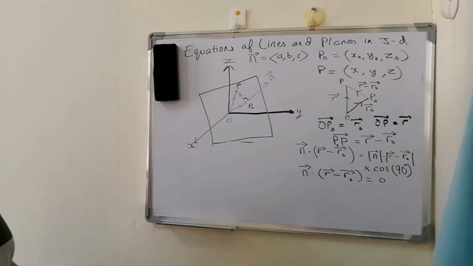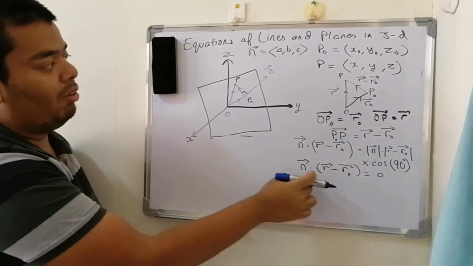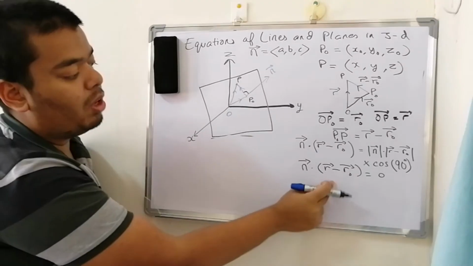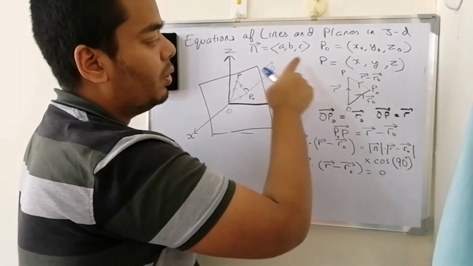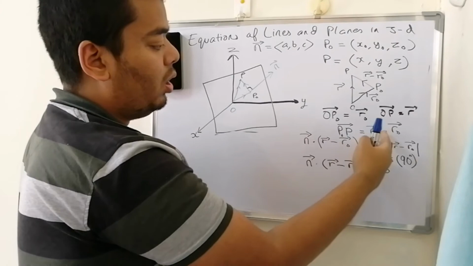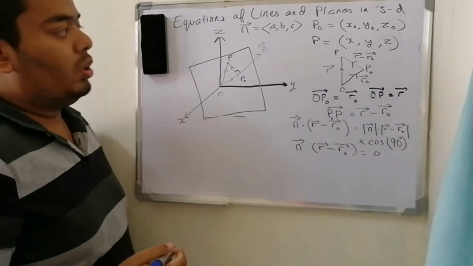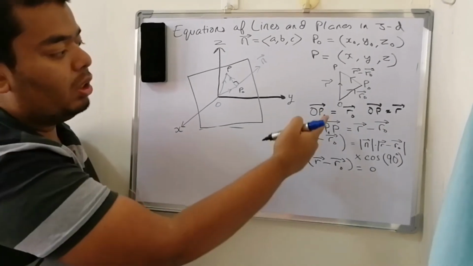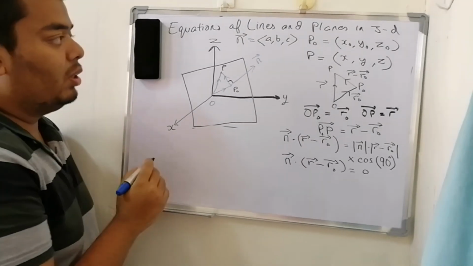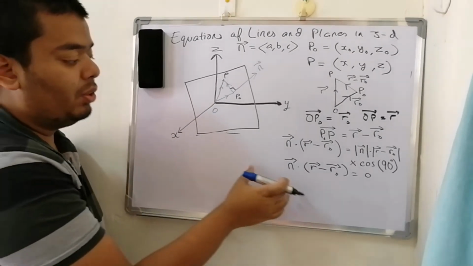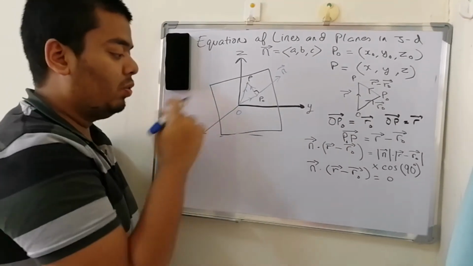Now let's find out the scalar equation of the plane using this formula. We have the values of R naught. We don't have the values of R minus R naught, but we do have these values right here. What is R and what is R naught? OP naught is R naught and OP is R. So n dot R minus R naught. We can substitute these into this equation and we will have the scalar equation for this plane.